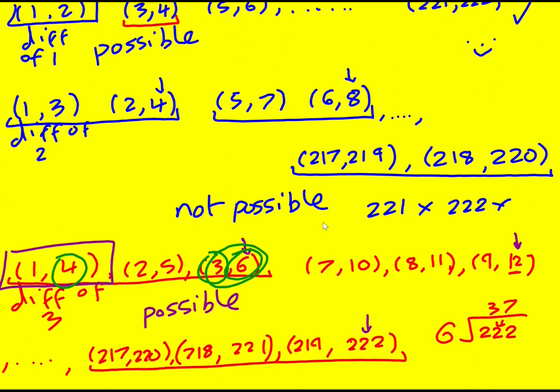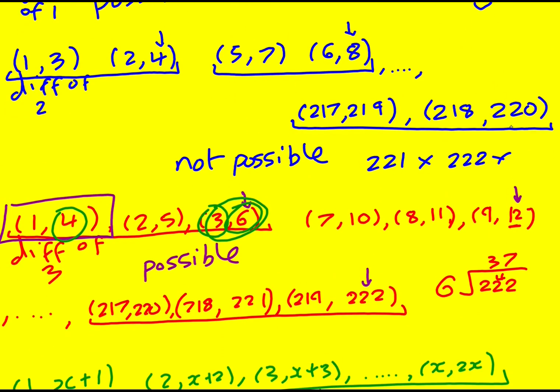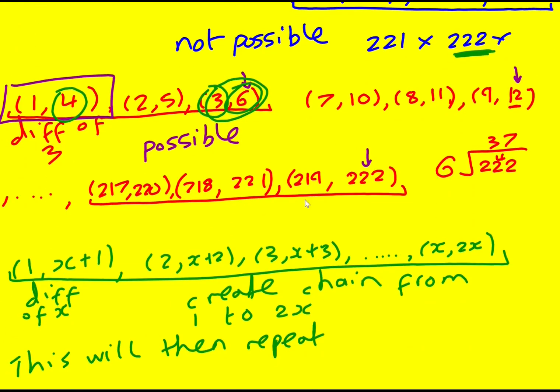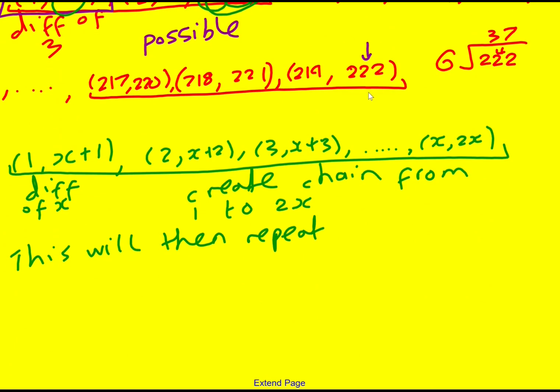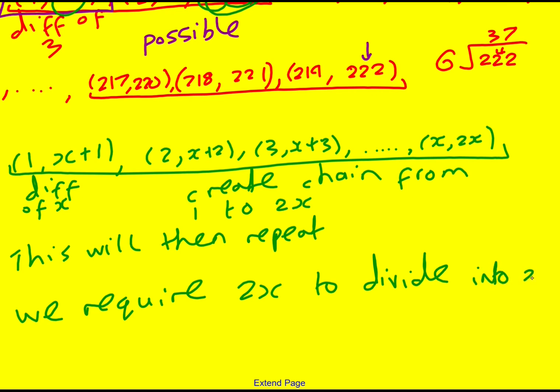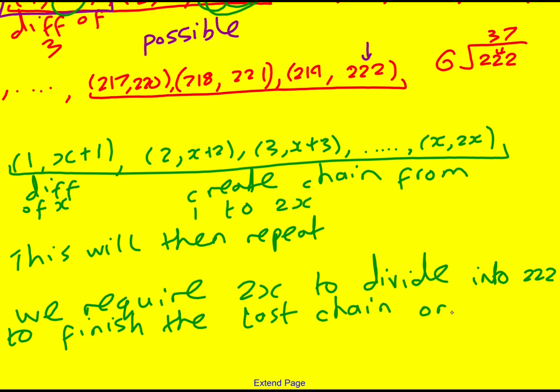So we saw with 1 and 3, it didn't work because we didn't finish the chain on 222. For 1 opposite 4, it did work because we did finish the chain on 222. So we require 2x to divide into 222 to finish the last chain on 222.